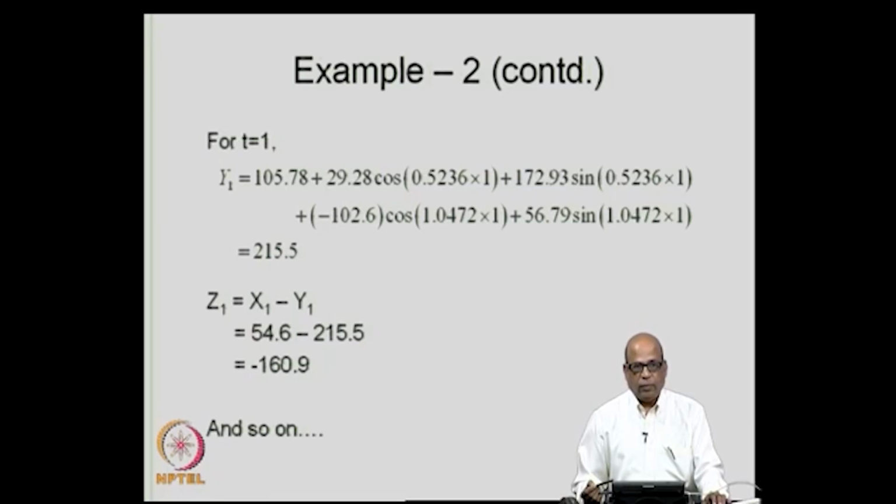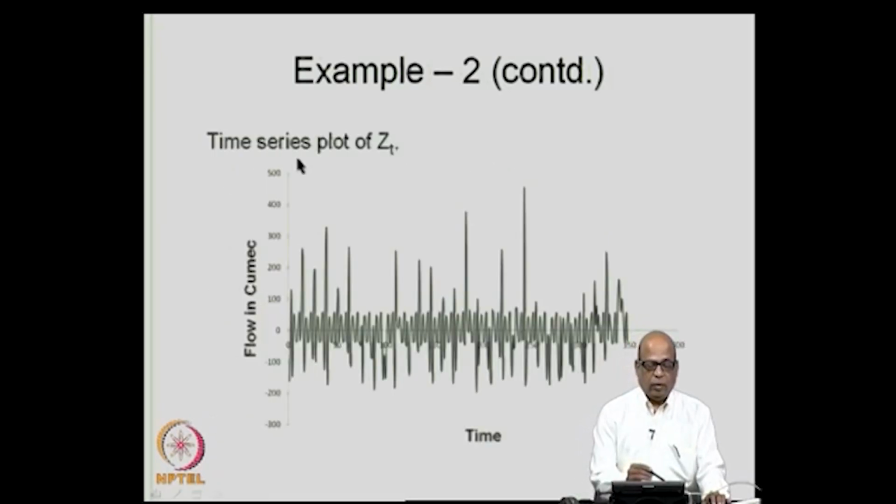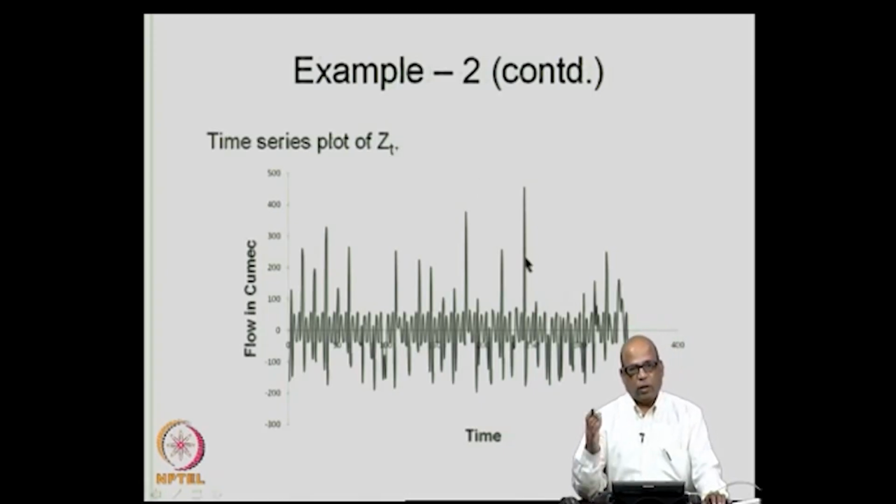Now this is how the time series plot of z t looks. Initially you started with the x t time series, the original observed data. You plotted it and suspected that periodicities were present, plotted the correlogram which confirmed them, then plotted the spectral density which brought out periodicities corresponding to 12 months, 6 months, 4 months and 3 months.